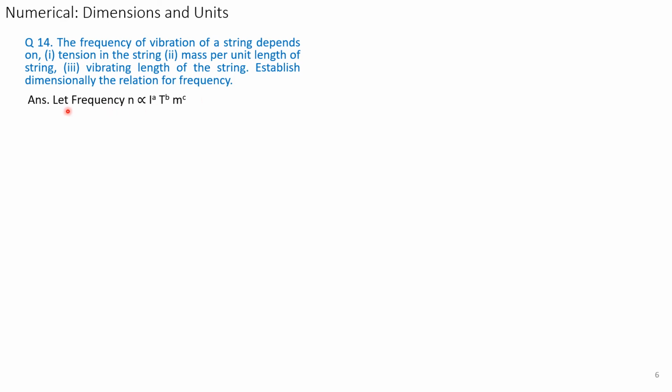Answer. Let the frequency be represented by letter n, which is proportional to L to the power of A, T to the power of B, and m to the power of C, where L is the length of the string, capital T is the tension in the string, and small m is mass per unit length of the string.